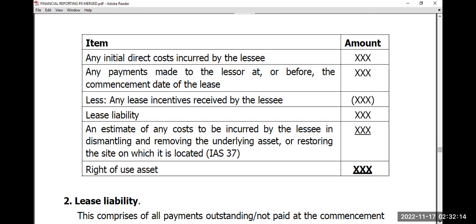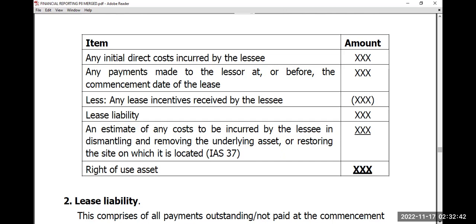So you will incur certain costs at the end of the lease term to make sure that you restore the land to the extent that it looks exactly how you found it before you started the operations.